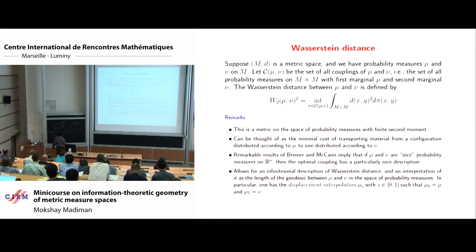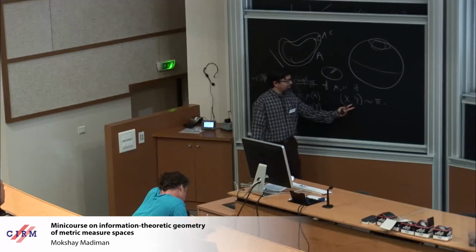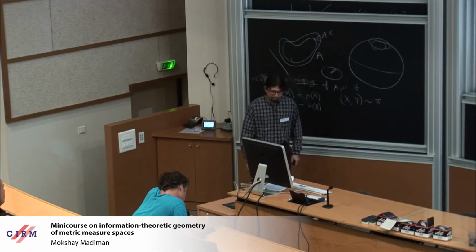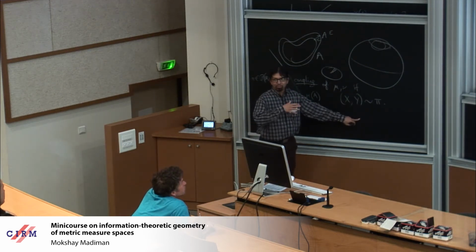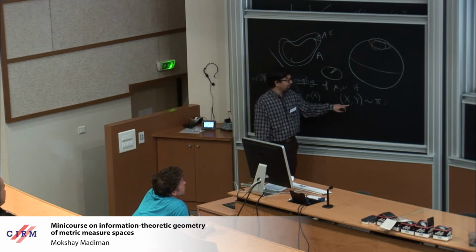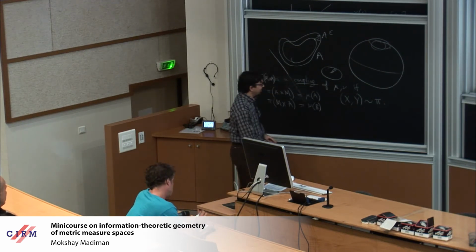You have a pair of random variables x, y distributed according to pi. This is your coupling. Then x has distribution mu and y has distribution nu. That's what it means to be a coupling.